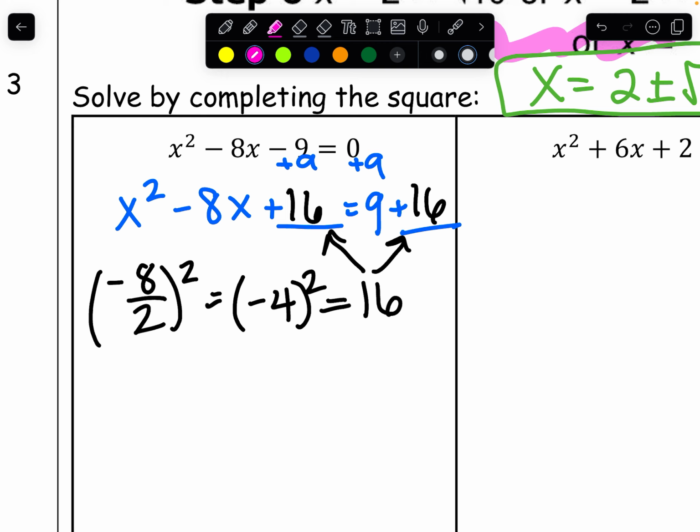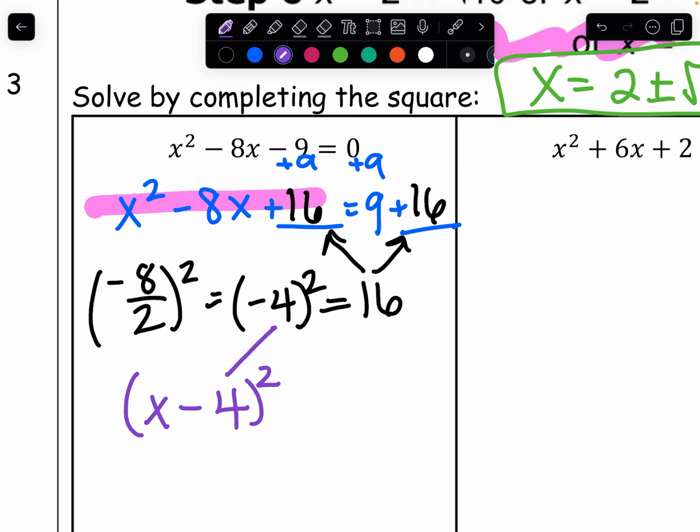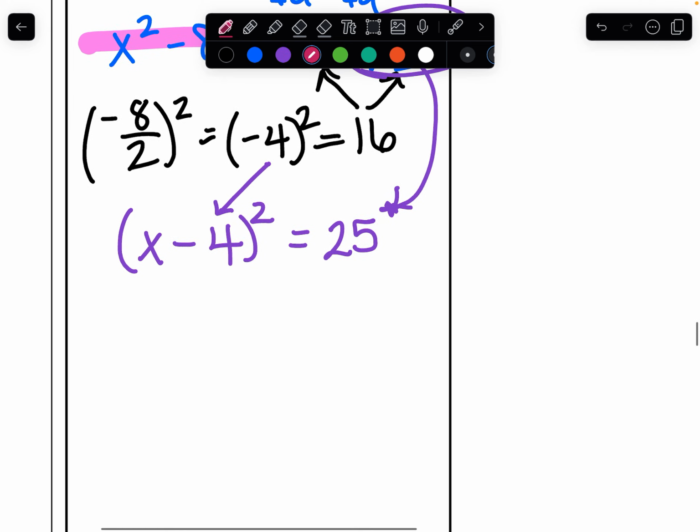And so this is a perfect square trinomial, meaning we get x minus 4 squared equals 9 plus 16 is 25. Be very careful with that step. Okay, and then from here, we solve with square roots. So square root both sides.